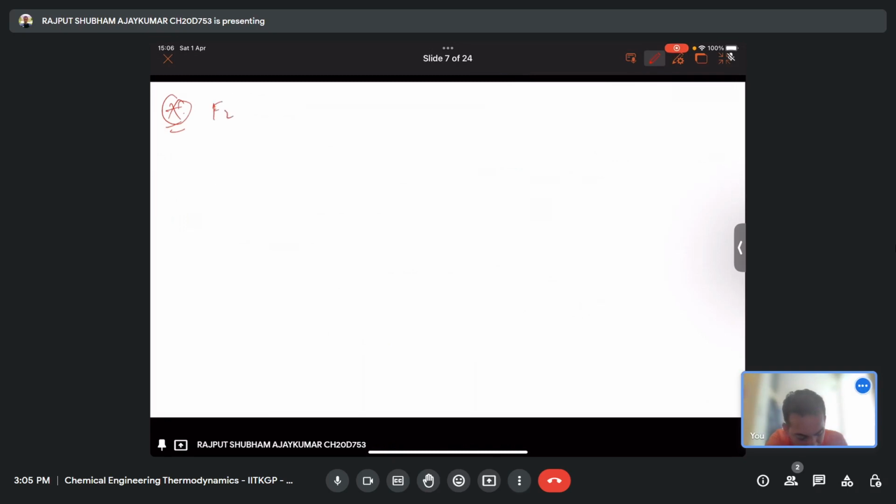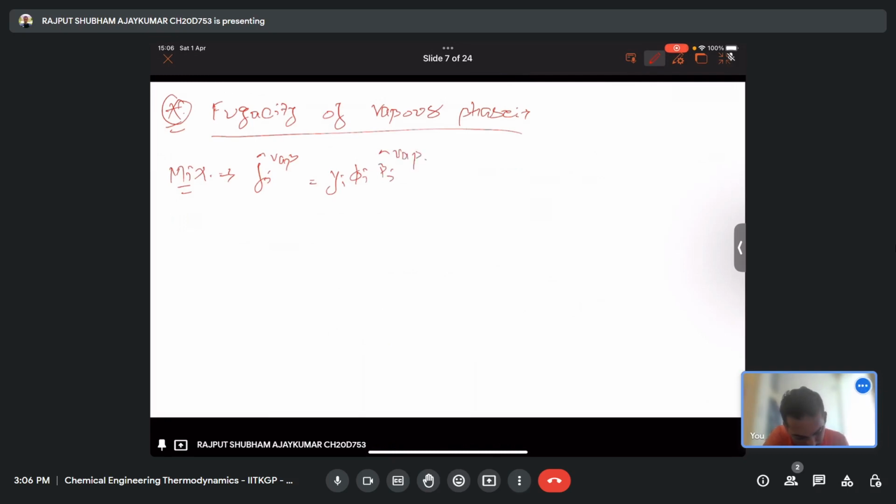So, the fugacity of the vapor phase for a mixture is given by yi phi_i P. For an ideal gas, it reduces to fugacity of vapor equal to yi P.